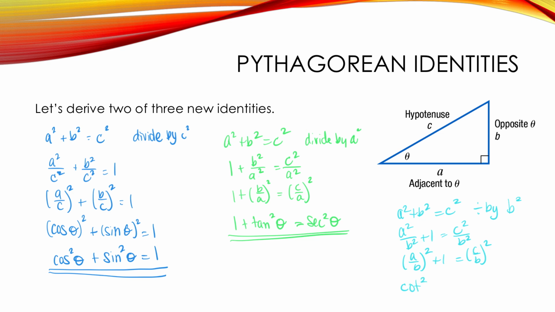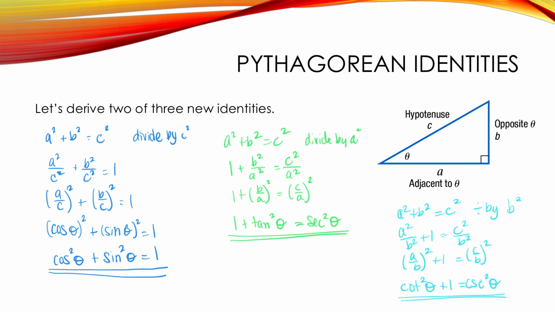So cotangent squared theta plus 1 equals C over B, quantity squared. C over B is hypotenuse over opposite, the reciprocal of sine, which is cosecant. So we have cotangent squared theta plus 1 equals cosecant squared theta.